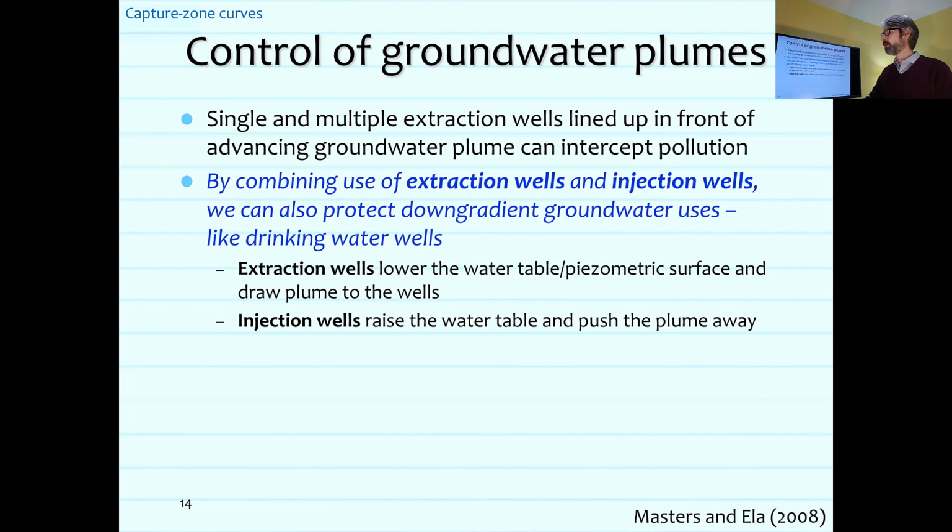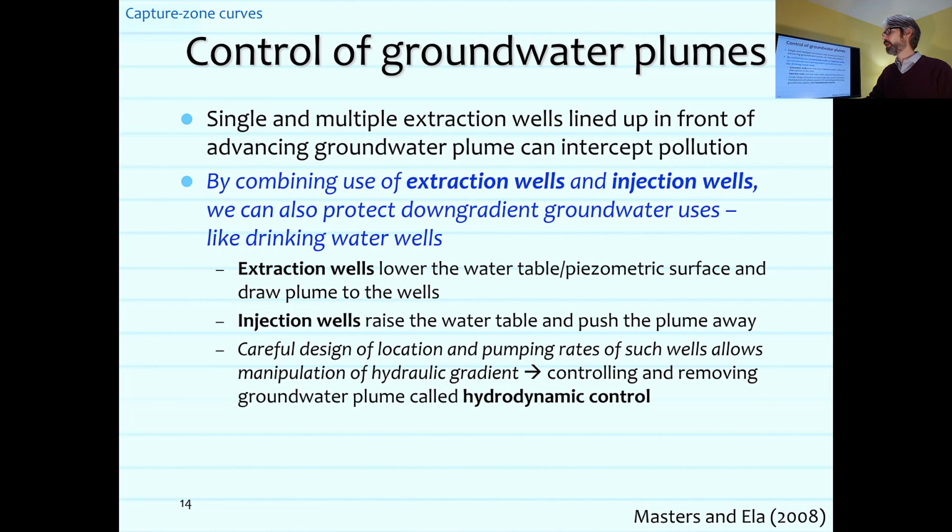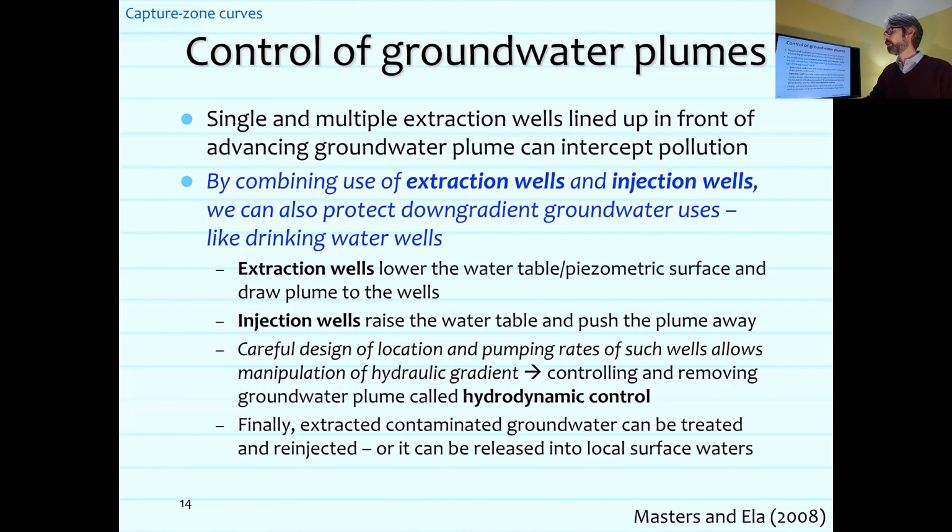Injection wells, on the other hand, raise the water table and push the plume away. And if we're careful then in our design of the location and pumping rates of such wells, then we can manipulate the hydraulic gradient. This allows us to control and remove the groundwater plume in a process called hydrodynamic control. Finally, the extracted contaminated groundwater can be treated and re-injected, or it can be released into local surface waters.